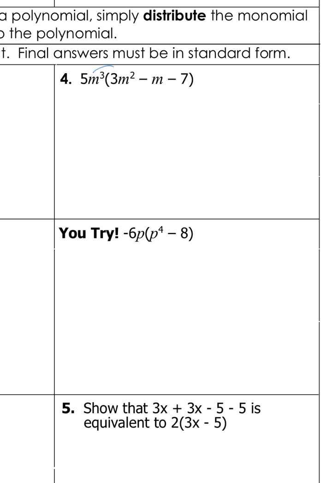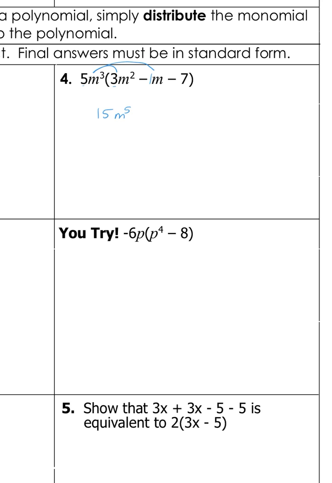Here I have 5m to the third times 3m squared. So I'm going to take 5 times 3, and I'm going to get 15. M to the third times m squared, I'm going to add those together and get m to the fifth. Now I'm going to do 5m to the third times -1m.